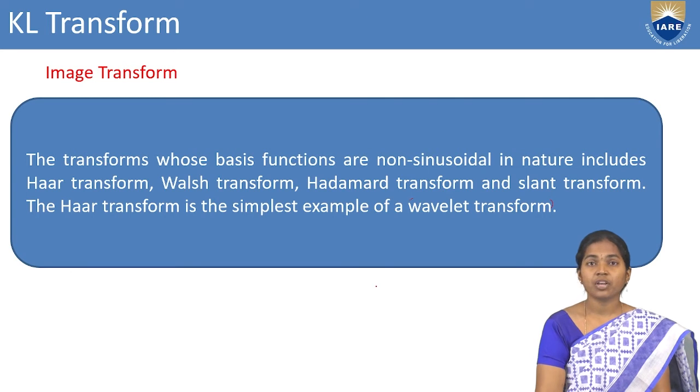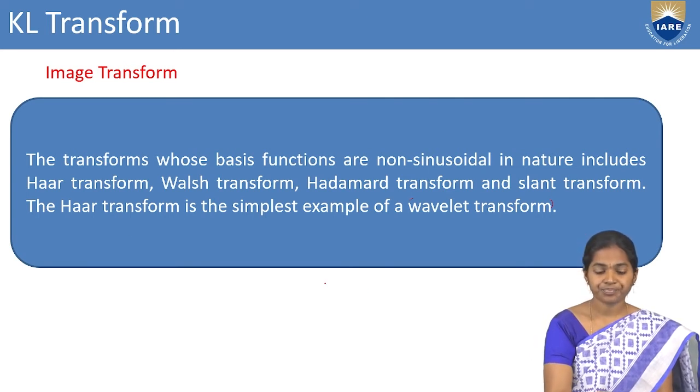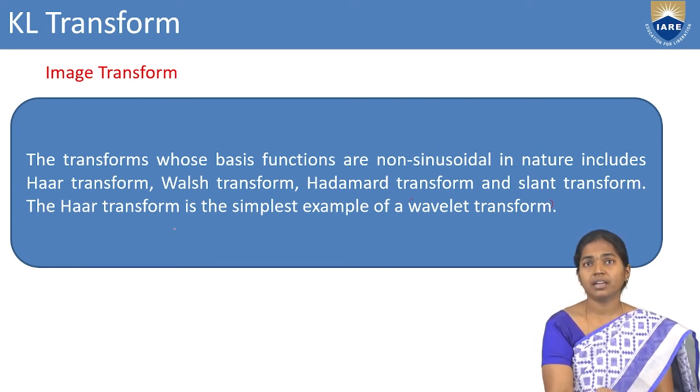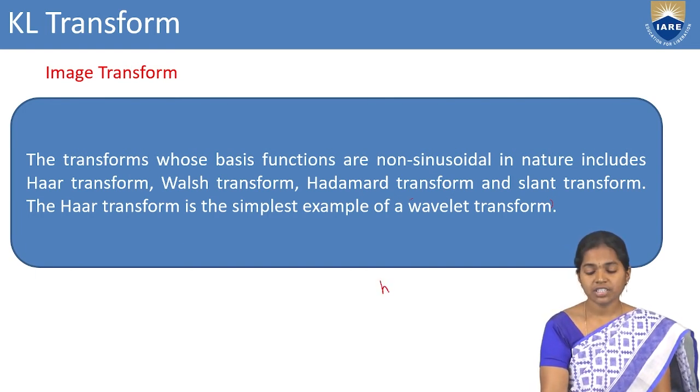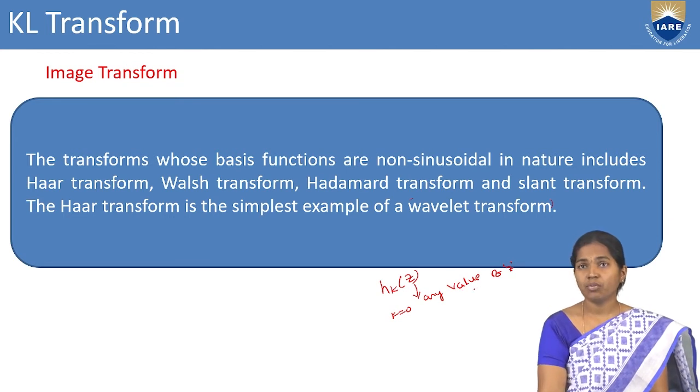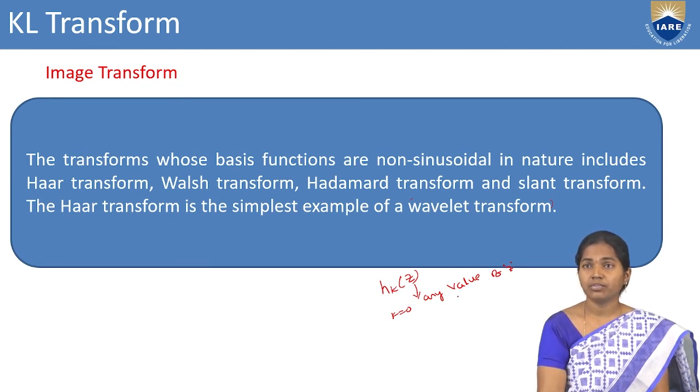To find the coefficient values in this Hart transform, we have the characteristic equation. Here the function is defined as hk of z. If k equals 0, for any value of z, the coefficient value is 1 by root 2 only.